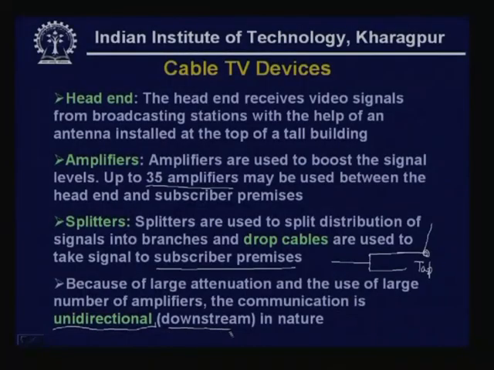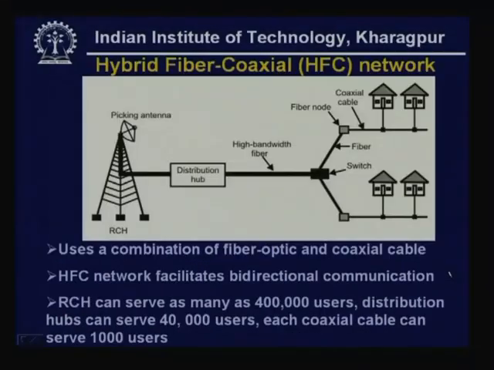So, only the downstream signal is present. Essentially, the TV signals are distributed over the residential buildings with the help of this cable TV system. To overcome this limitation, the cable TV system has been extended, which is known as hybrid fiber coaxial network.